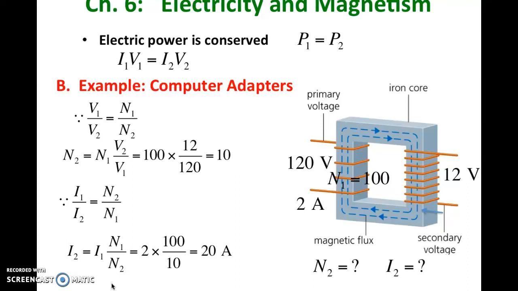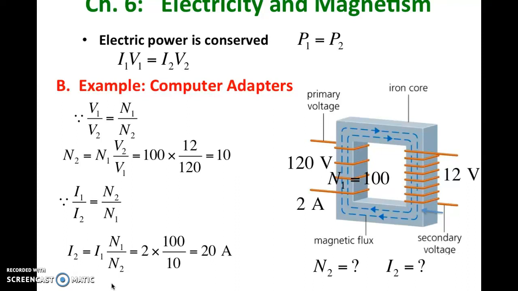Here is an example about a computer adapter, which is a transformer. We want to find the current and the number of turns in the secondary coil, N2 and I2, when the voltage, current, and number of turns in the primary coil and the voltage of the secondary coil are all given.